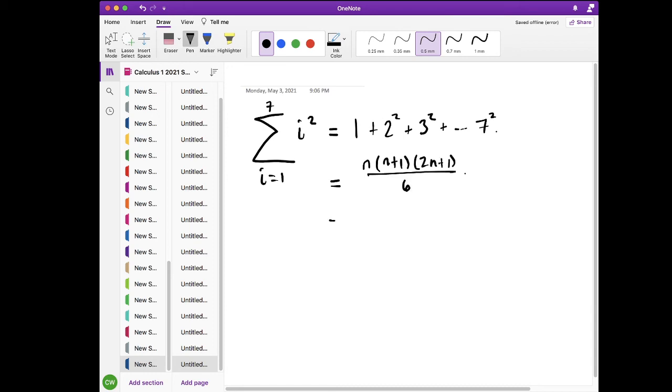So it is going to be 7 plus 1, 14 plus 1. So whatever that is, 7 times 8 times 15 over 6.